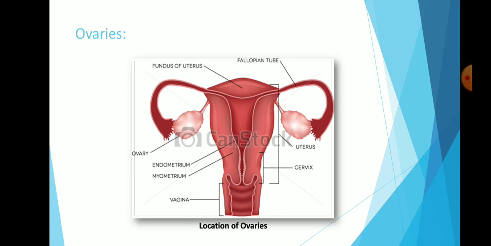Like testes, the ovary is also surrounded externally by fibrous tunica albuginea. The tunica albuginea is externally covered by cuboidal epithelial cells called germinal epithelium.